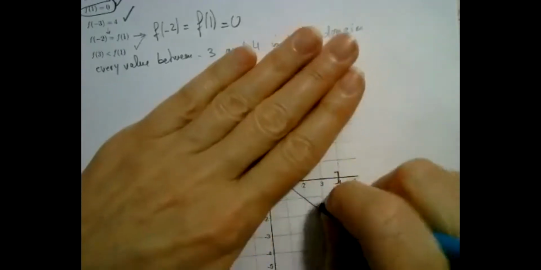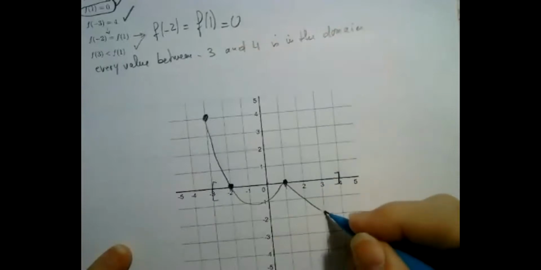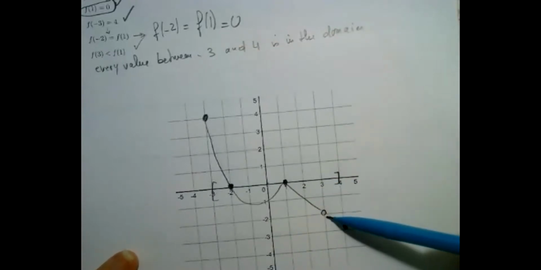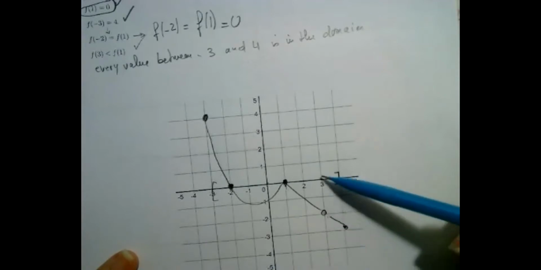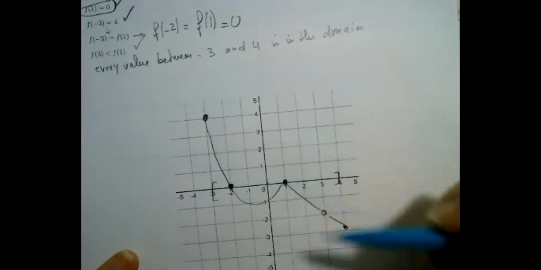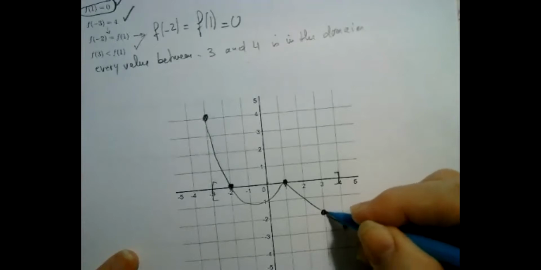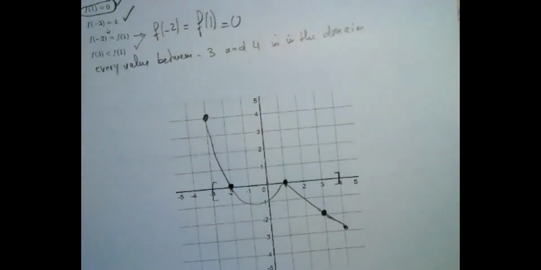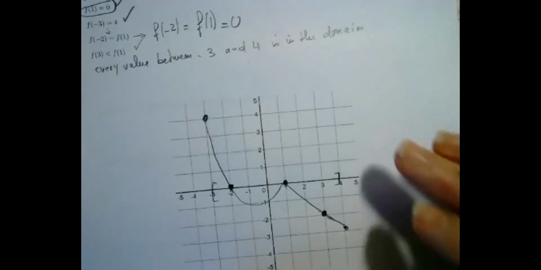There is no output for 3, which is not what I want. I want every value to be in the input. So this is what the graph is.